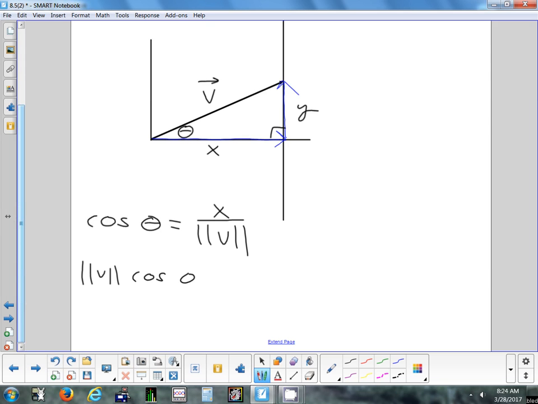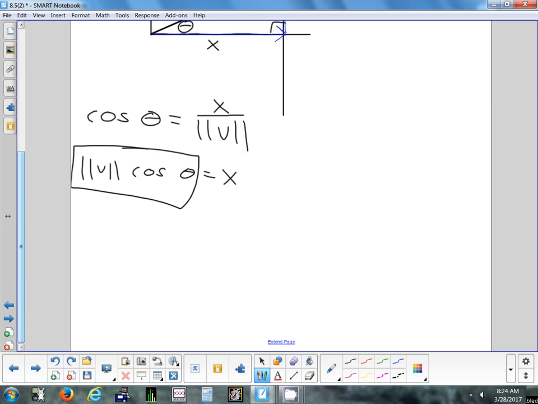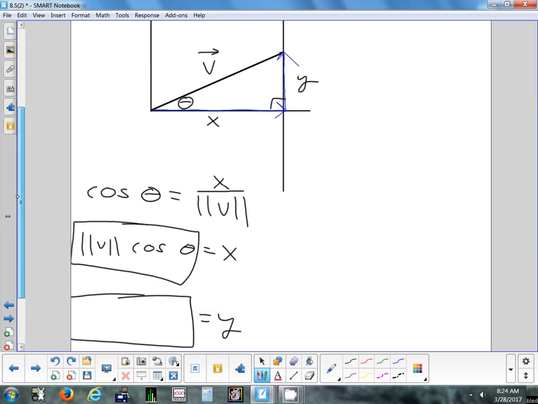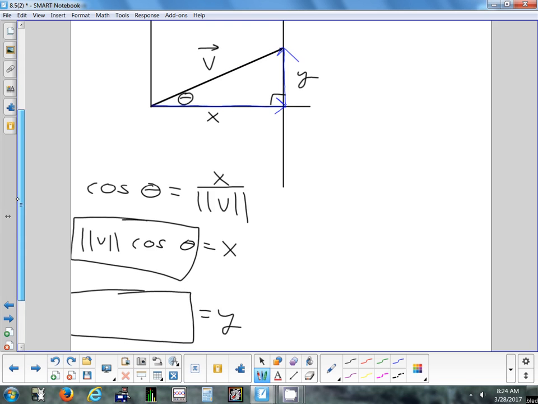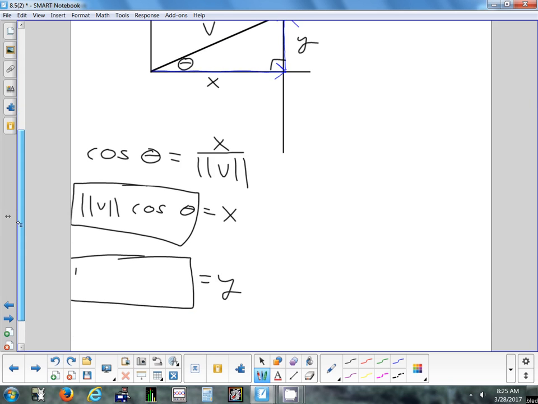So there's a formula for x. And now, without setting the whole thing up again, anybody think they could tell me the formula for y? Yeah, it would be magnitude of v sine theta.